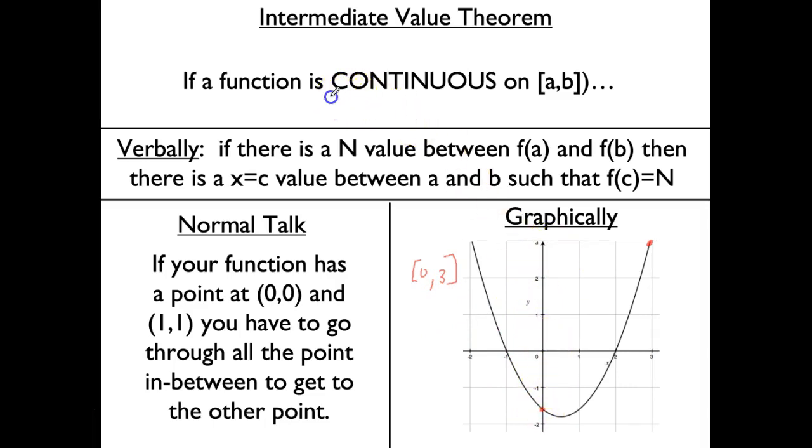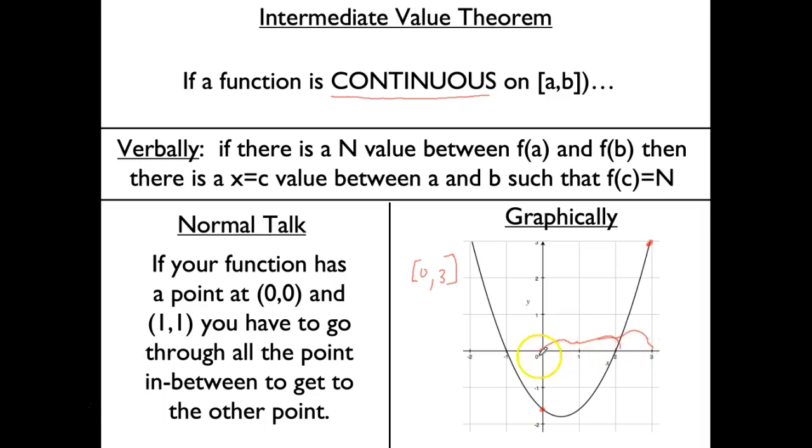Now, if a function is continuous, meaning you have to draw it without taking your pencil off the paper, yeah, you have to go through the other values in order to draw the next value. If a function is continuous, what this means is that in order for me to go from this point to this point, I have to cross through all the x values in between those 2 points.